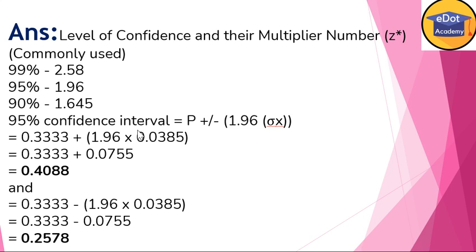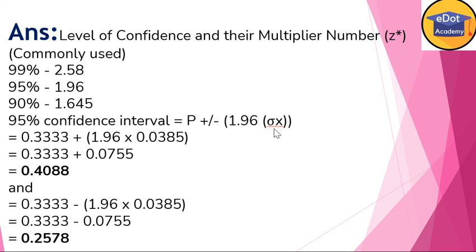The confidence interval formula is P, probability, plus and minus, meaning one time we take plus, other time we take minus, 1.96. So 1.96 is the multiplier number, and sigma x is the standard error. We already found sigma x in the previous question.